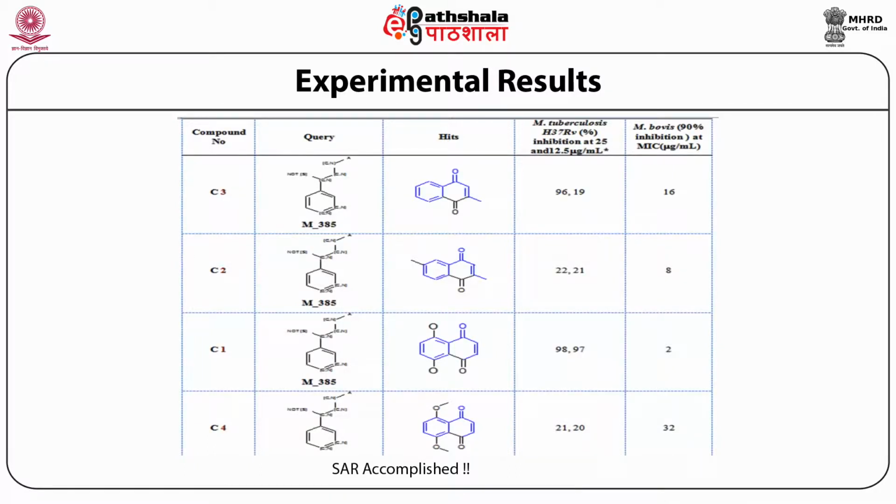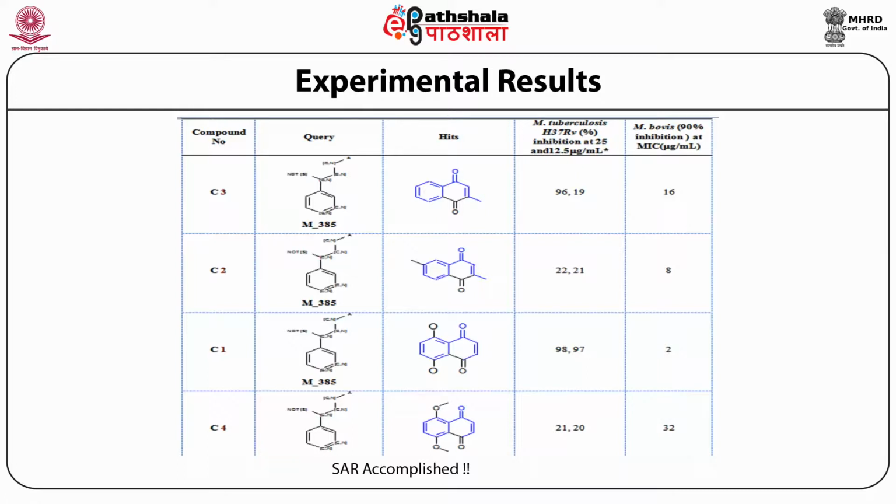The reason is we have synthesized many compounds, and out of them 4 compounds are shown on the left hand side, with their numbers and their hits. This is the compound moiety and the hits. When we did the experiment, we measured tuberculosis inhibition at concentrations from 2.5 microgram per ml, and we also did the experiment with M. bovis, with similar MIC calculations.